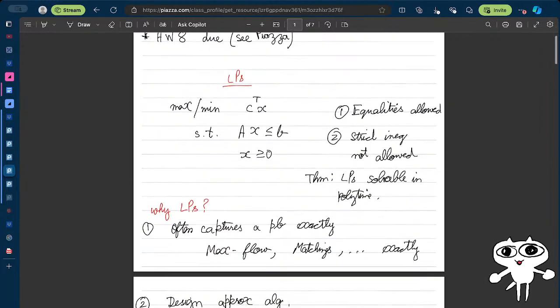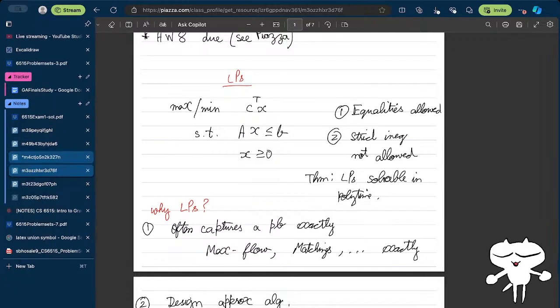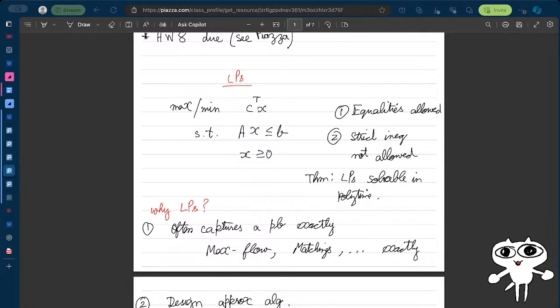Okay, so LPs. What is the topic name here? Real quick, let's check this out. Randomized LP rounding. Let's think.